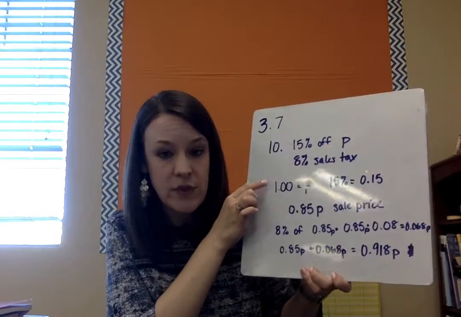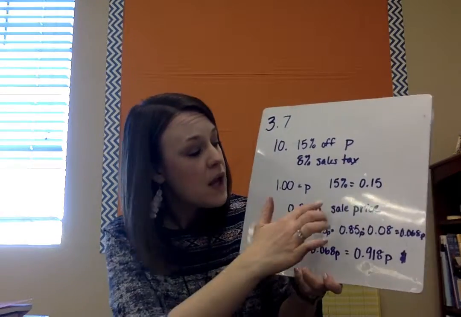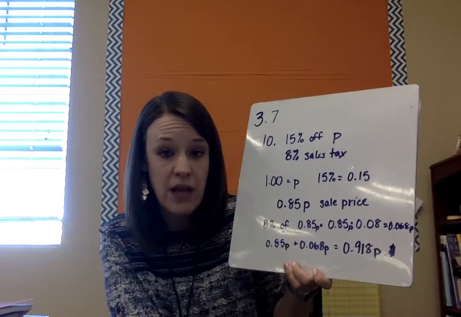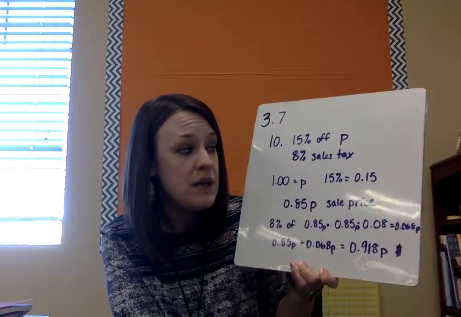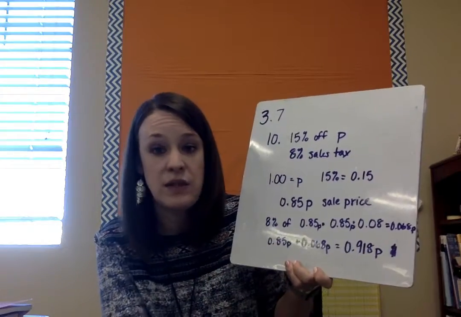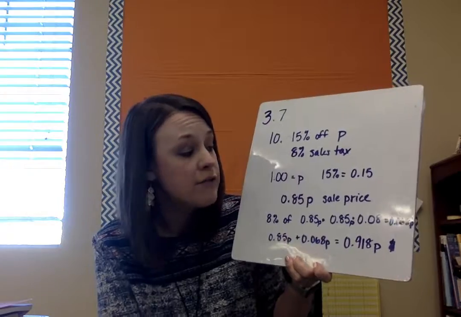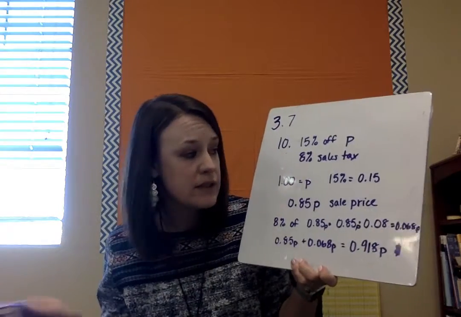So I said, okay, let's look at one whole being P. That means that 15% off of that would be 0.15, and it should say P, so 0.15 P would be how much was off. So, in fact, I'll just add that in there.